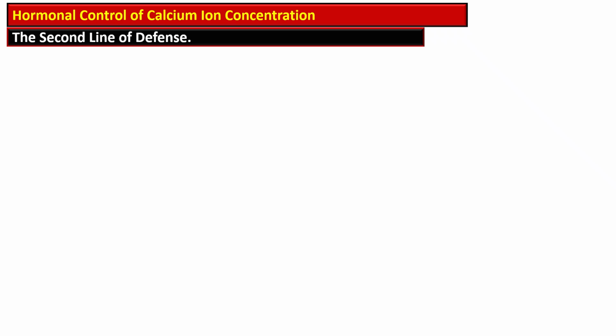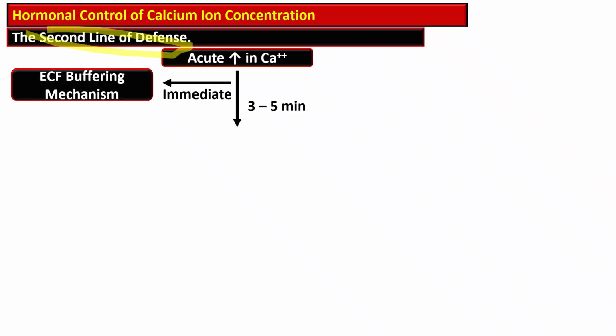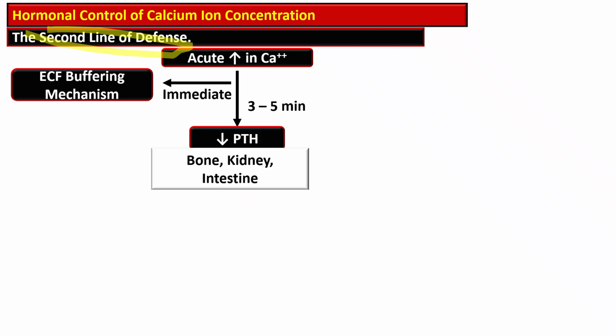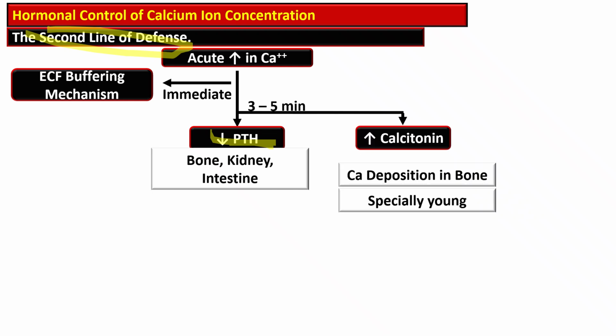Now, the second line of defense is the hormonal response. As the first line of defense, the bone buffering, kicks in, the hormonal response begins within 3 to 5 minutes after calcium level changes. When the calcium level rises, there is parathyroid hormone secretion change that is very quick, and it reduces the bone resorption and reduces renal calcium reabsorption.